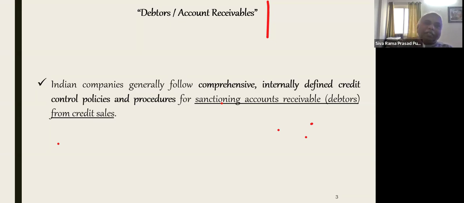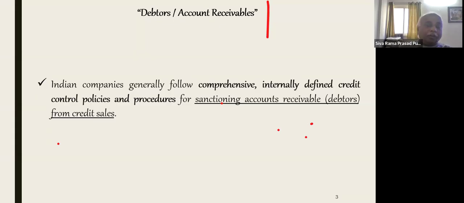Once the corporate debtor prepares the bill of exchange, the buyer will accept it and mention the number of days and other things. Then these account receivables are useful to the bank, the company, to discount with various financial instruments. That is the difference between debtors and account receivable.